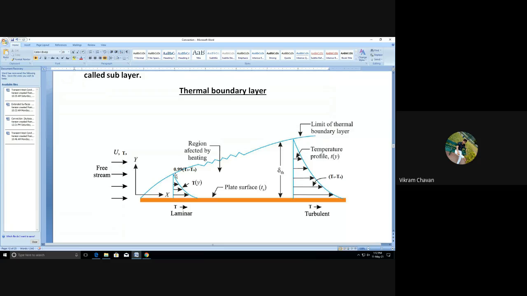Beyond this limit, we'll get the temperature of the flow field equal to the initial temperature.